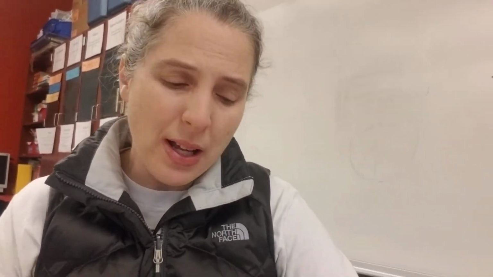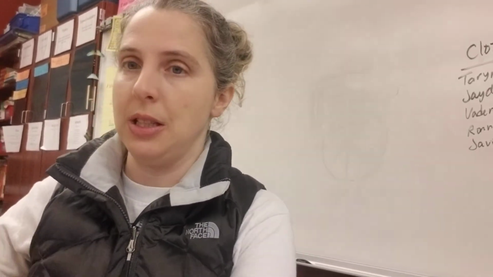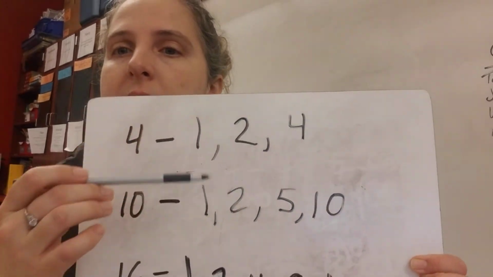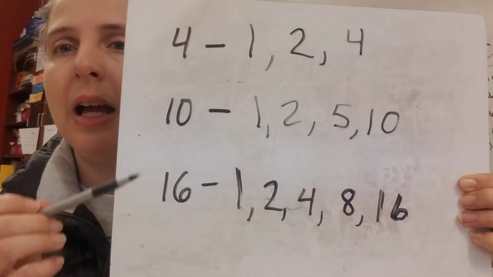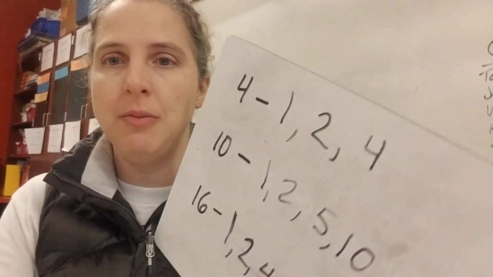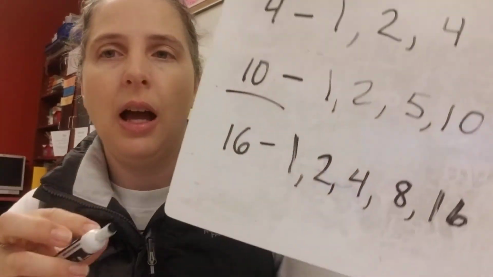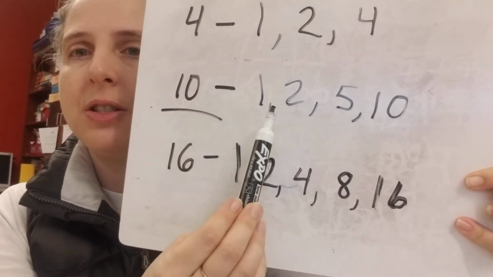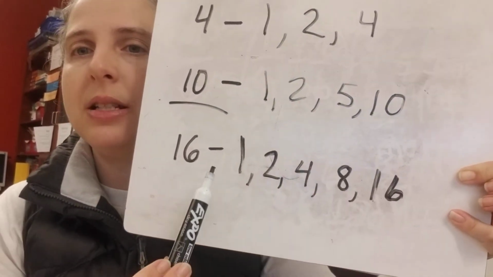But it doesn't always work that way. If the numerator does not go into the denominator evenly, then you have to list your factors out and find what's the biggest factor. So like if I had 10 over 16, let's say that was my fraction, I can look at the factors of 10. Well, can 10 go into 16?